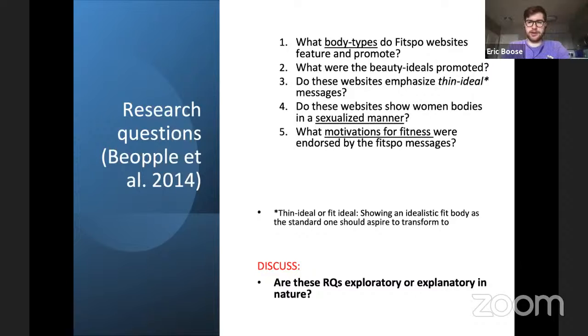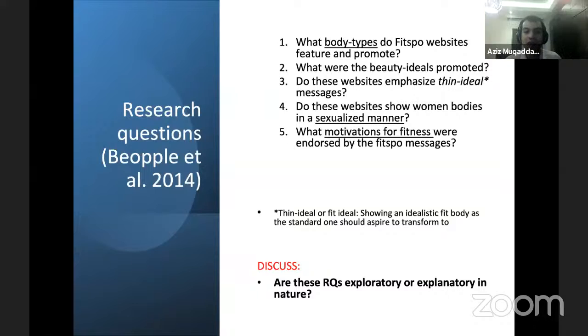They're exploratory. Yes, that's correct. And why is that, Eric? Because they're not trying to connect the images back to a theory of some sort. They're just asking about the images in general and trying to describe them.